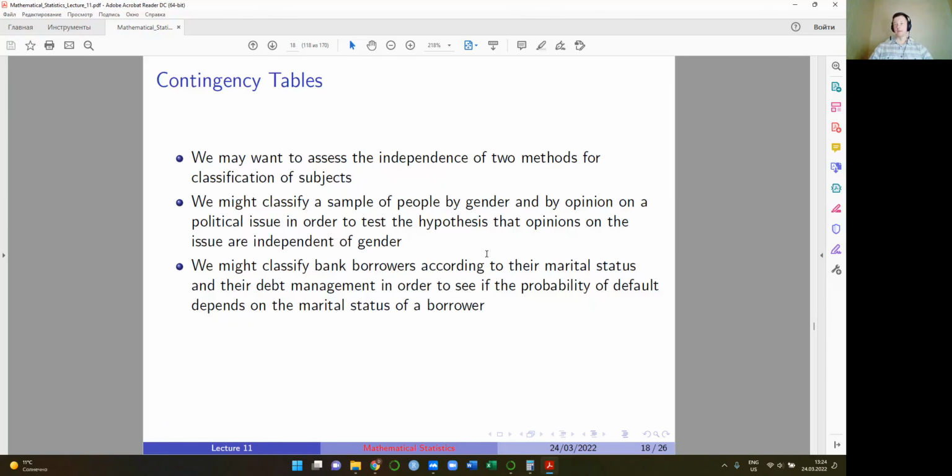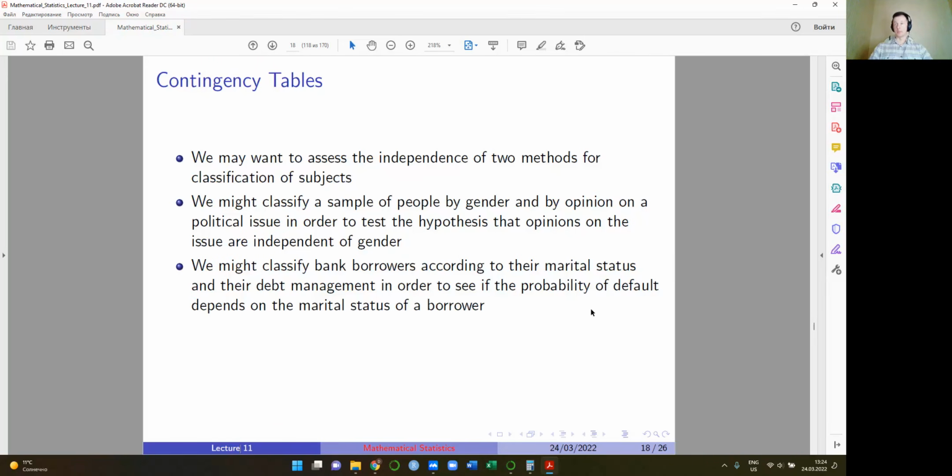This task appears often in practice. We might classify bank borrowers according to their marital status and their debt management in order to see if the probability of default depends on the marital status of a borrower. The marital status is a categorical variable again: single, married, divorced, widowed.